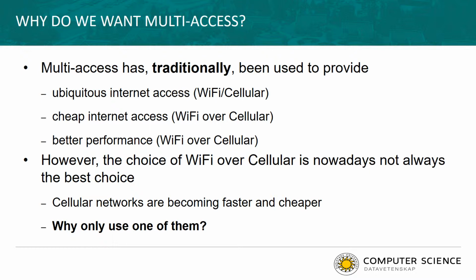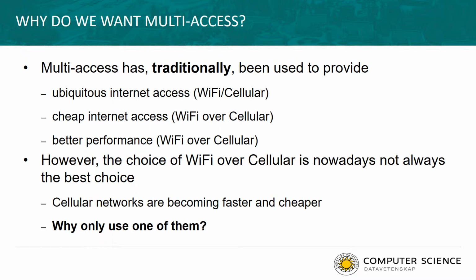Using the multiple interfaces in a good way can also provide us cheaper internet access. Typically, Wi-Fi is a less costly connection than cellular. Over cellular, we may have a cost for the bytes that we transfer, but we may have some free Wi-Fi hotspots available, for instance. So here, we can use Wi-Fi to get cheaper internet access. We may also use the multiple interfaces to provide better performance.